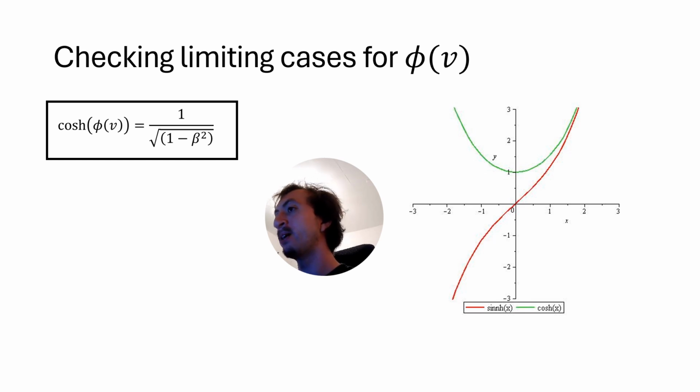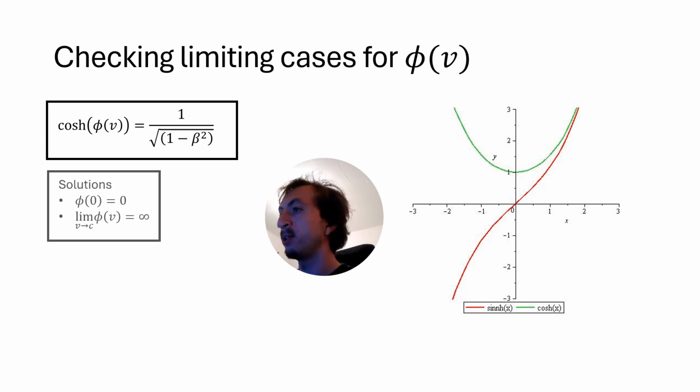We can now check that our expression that defines cosh phi, and therefore also will indirectly define sinh phi through the hyperbolic identity, satisfies the limiting cases we saw before. So these were limiting cases for phi, our rapidity factor.